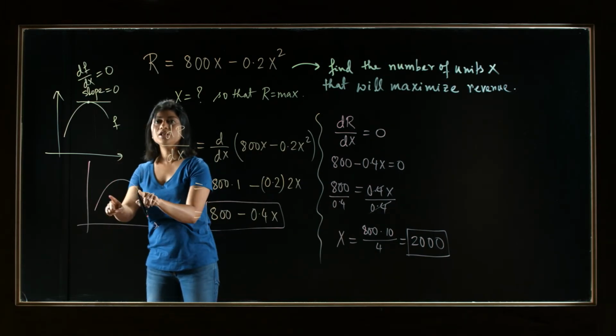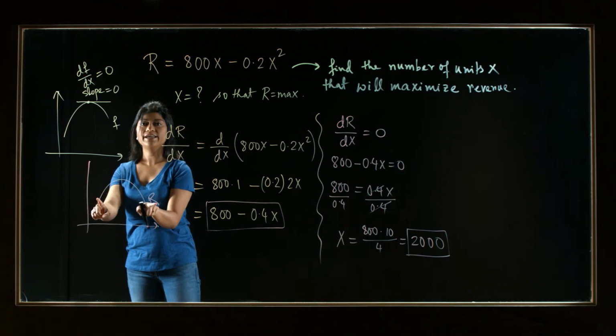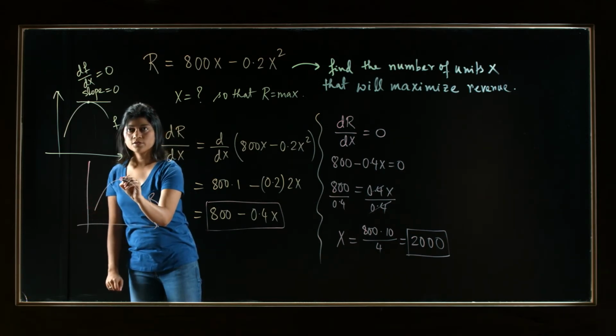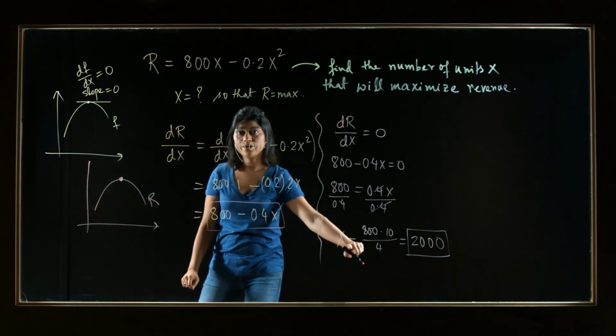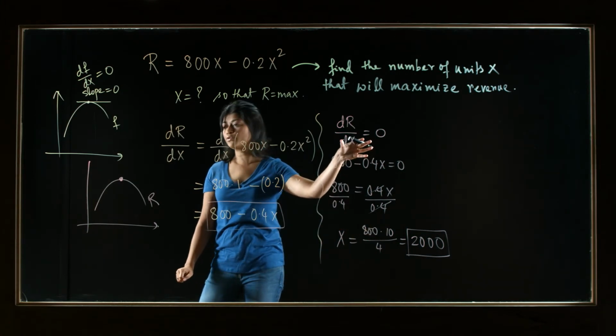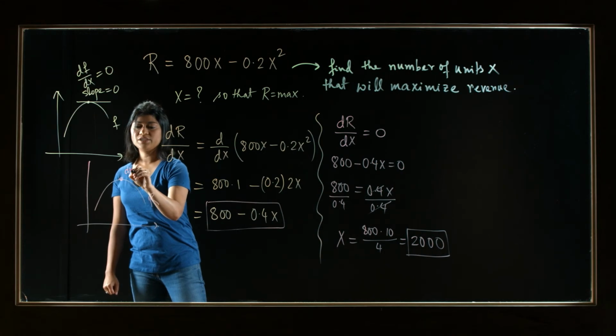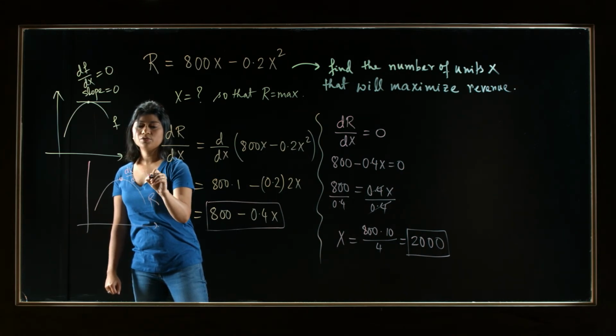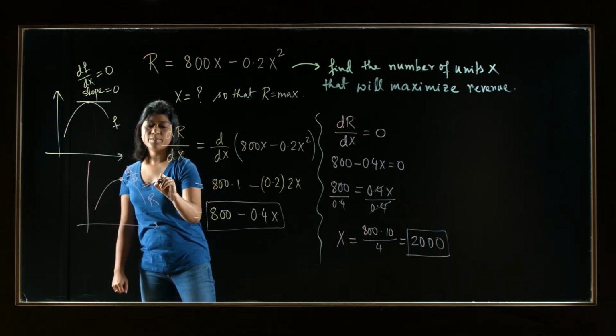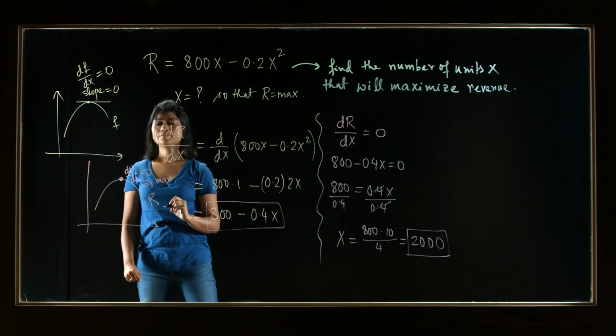So our R will look like a parabola, something like this. And therefore, whatever x value we got when we set the derivative equal to 0 will definitely give us a max. So dR/dx equals 0 will definitely be the max and not the min.